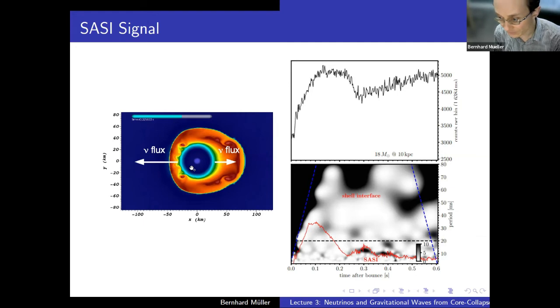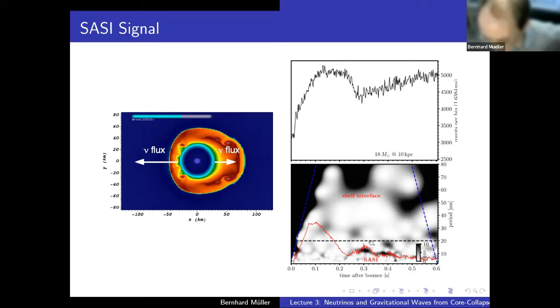So if you calculate a simulated signal of that in the IceCube detector, it looks like this. It looks quite a bit noisy, but you see this noise is actually a real signal. And if you go into the time-frequency domain, you see a clear signal that during this phase here, you had this standing accretion shock instability.